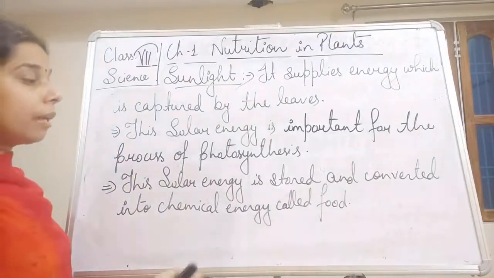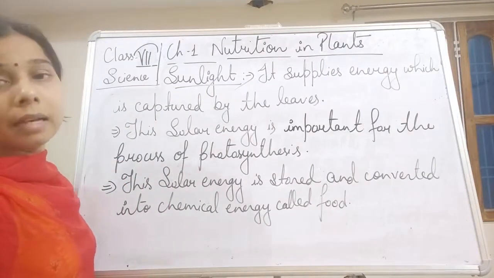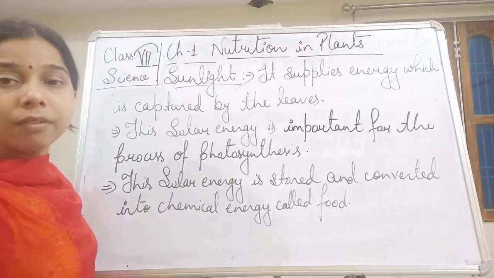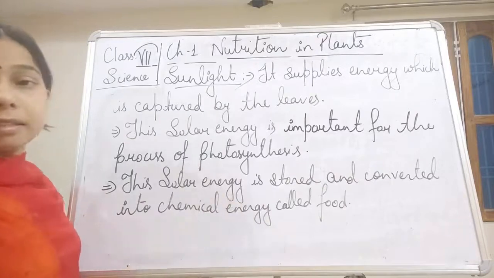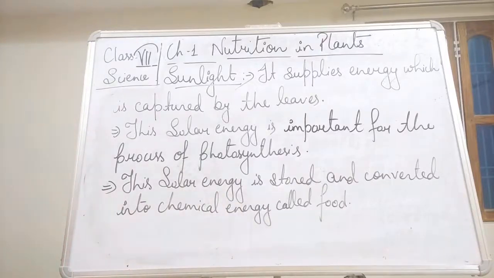So it is stored in the form of a chemical energy that is called food, and again we will use the food by taking this chemical energy from it. Okay.